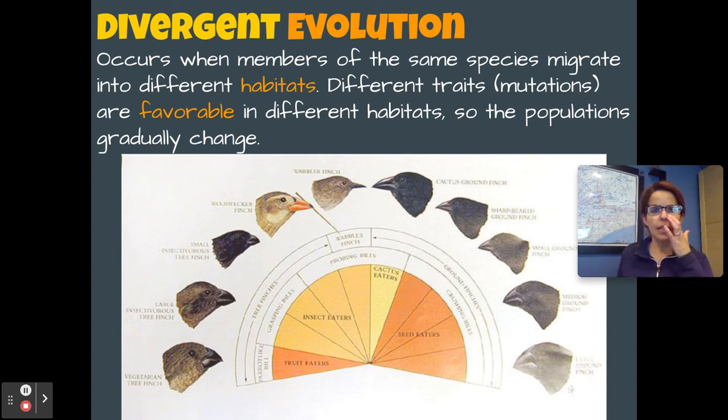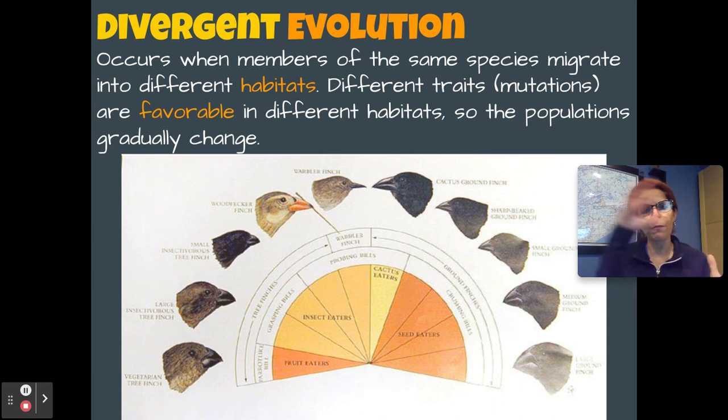So the idea is that there's an original species that starts out on the mainland of South America. And then these birds got blown or they moved to the Galapagos Islands off the coast of South America. But on the different Galapagos Islands, there are different food sources. Some islands have good plant food sources or seeds. Some have different insects, et cetera.